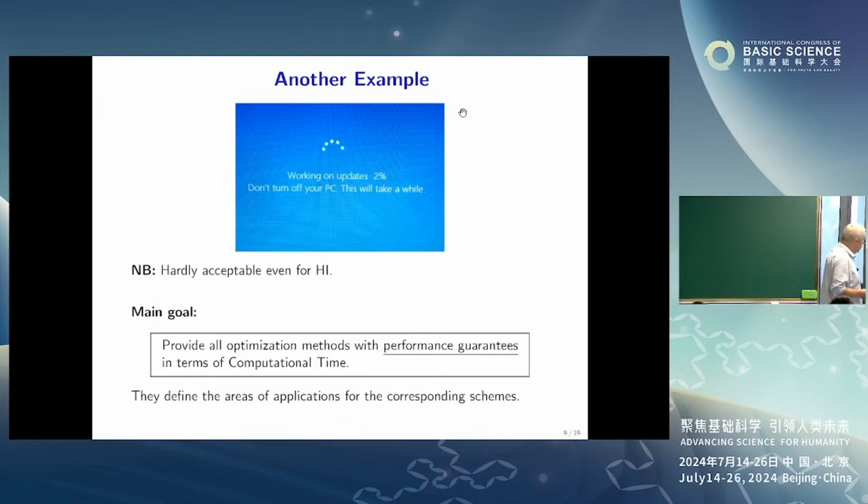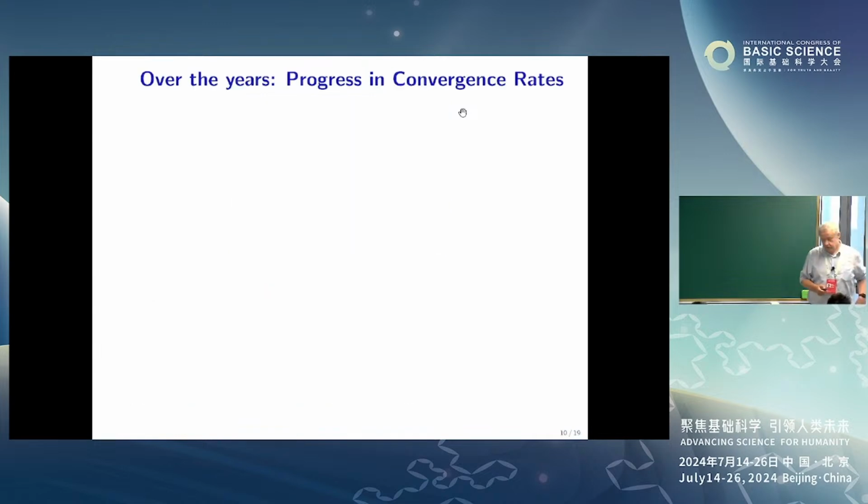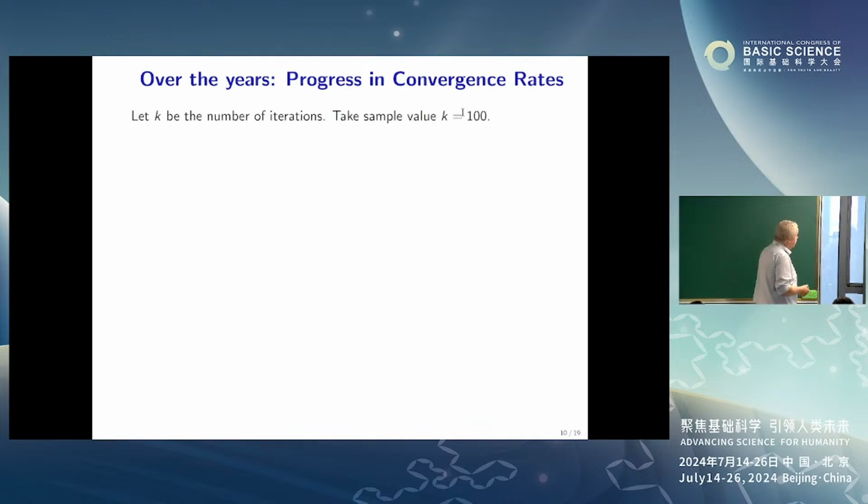Again, do you know what informs this method? After some number of iterations, we can see the quality of the answer. This is not too big.